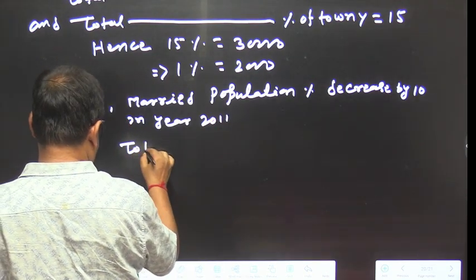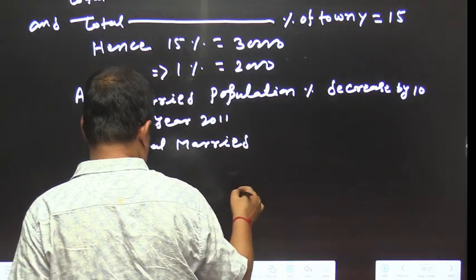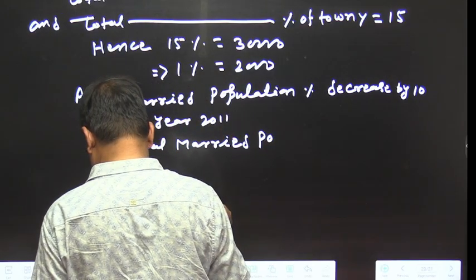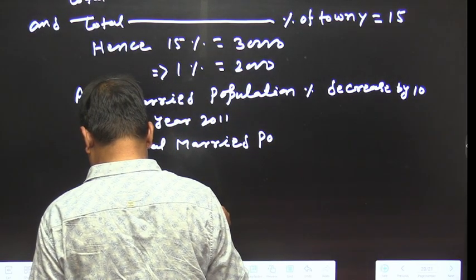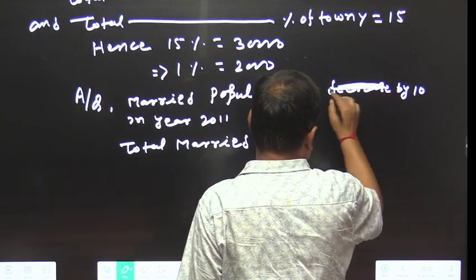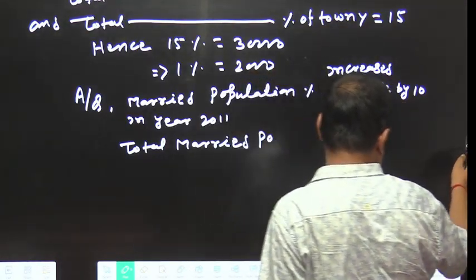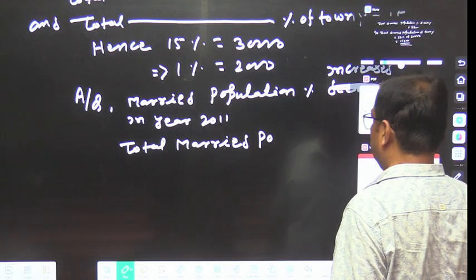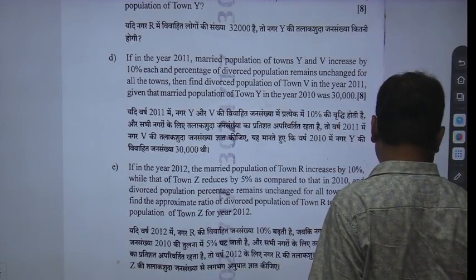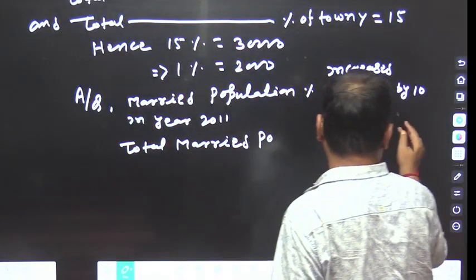So total married population increased by 10%, increased by 10%.